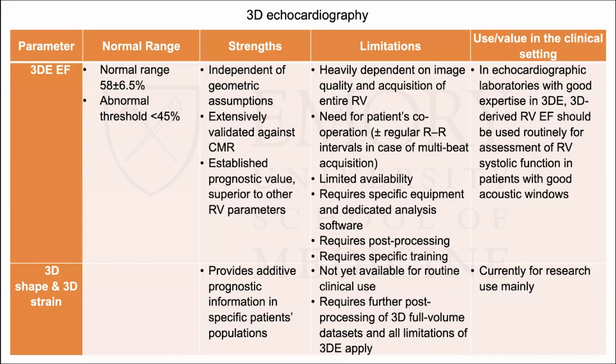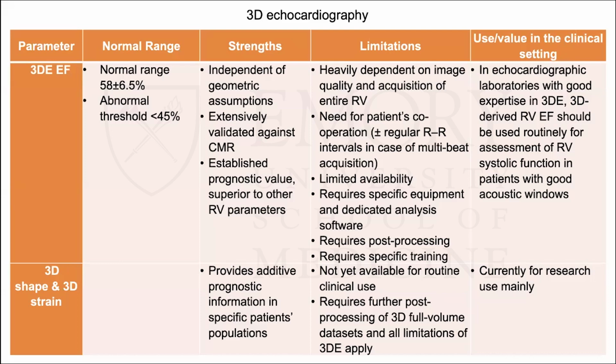Next, we move on to 3D echocardiography. 3D EF is increasingly becoming a very sought-after parameter that we use to assess RV function, because it can essentially incorporate all the different motions of the RV. The abnormal threshold is less than 45%.